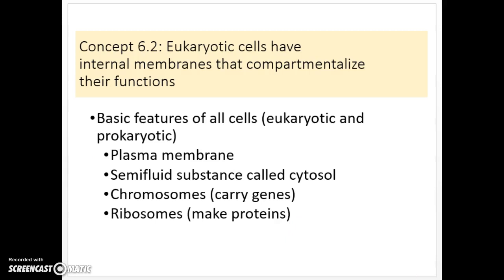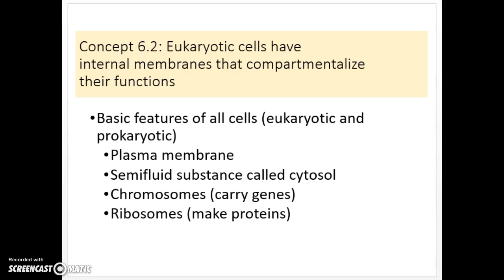So we have organelles in eukaryotic cells, which is a distinguishing feature that they have from prokaryotes. Those different organelles have internal membranes that surround them, and in that way make compartments or compartmentalize the function of the different organelles.